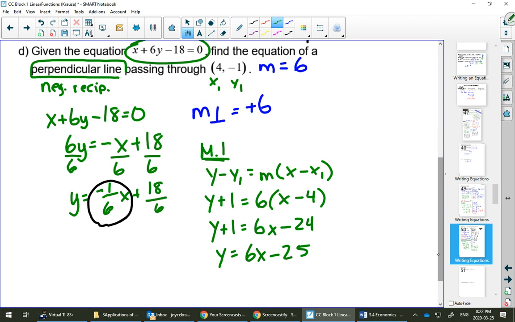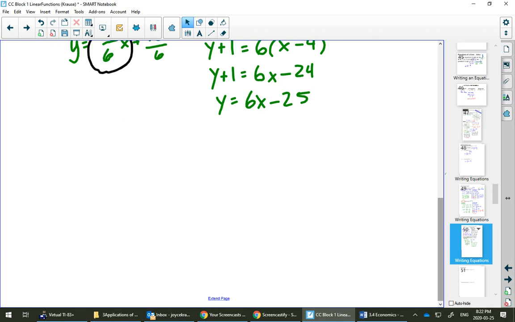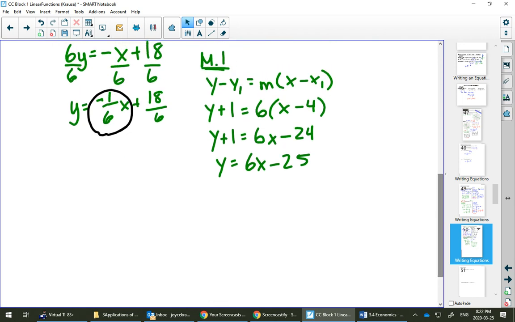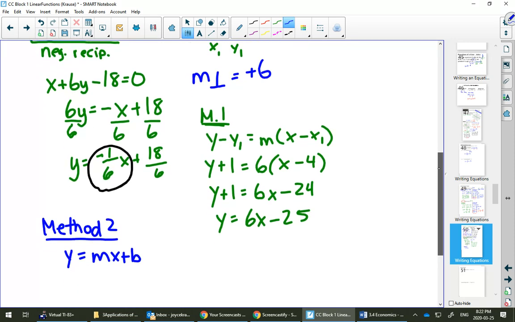Now, if we look at method 2, y equals mx plus b. Our y value we had was negative 1.